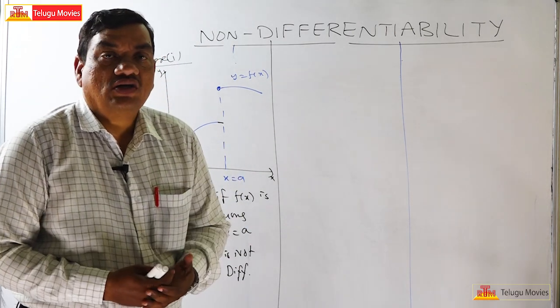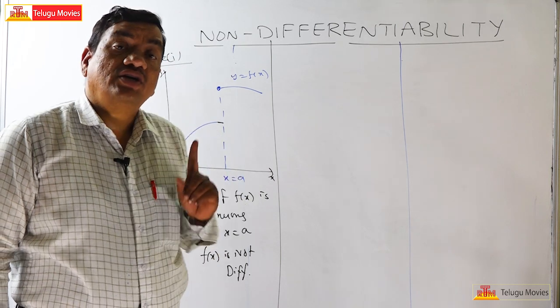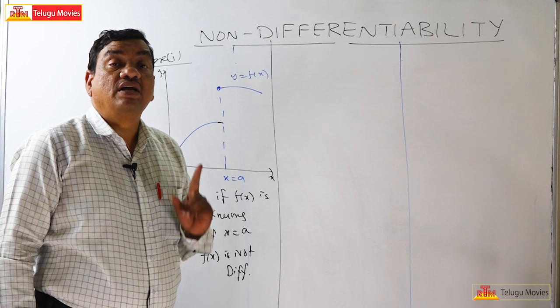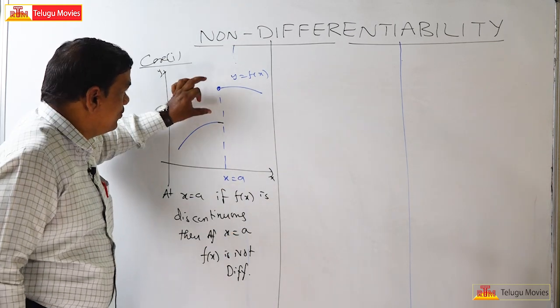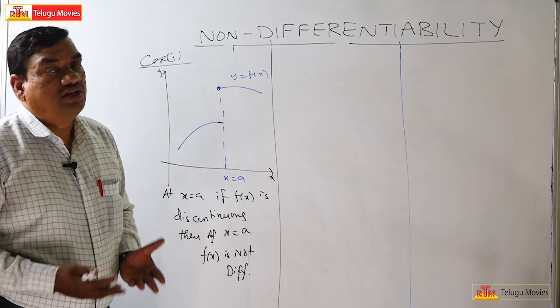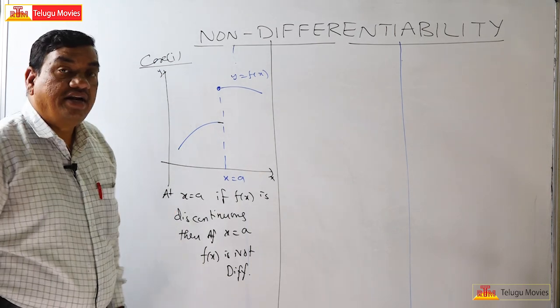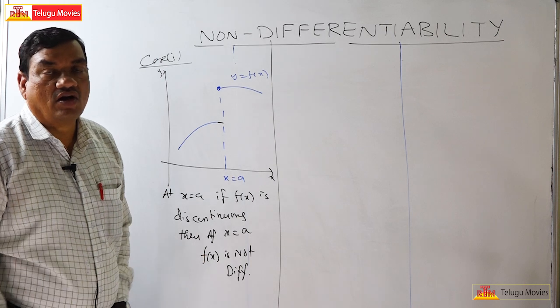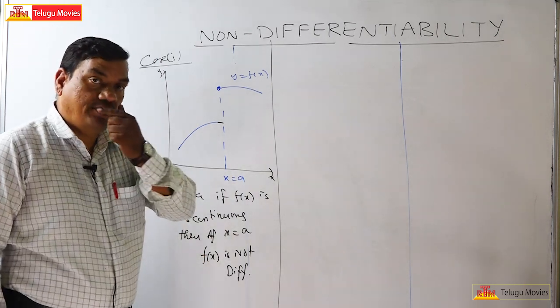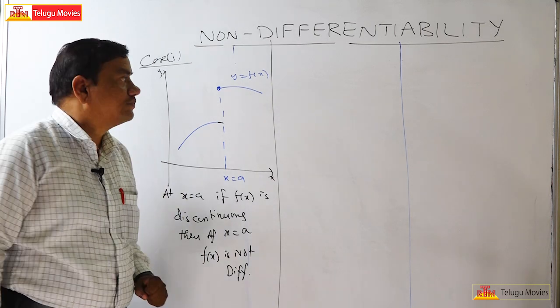We cannot. That is why for differentiability, continuity is a must. First, it should be continuous at that point x is equal to a. Here the function is not continuous, therefore there is a break. So we cannot draw a tangent at that point. Therefore the function is not differentiable at x is equal to a.